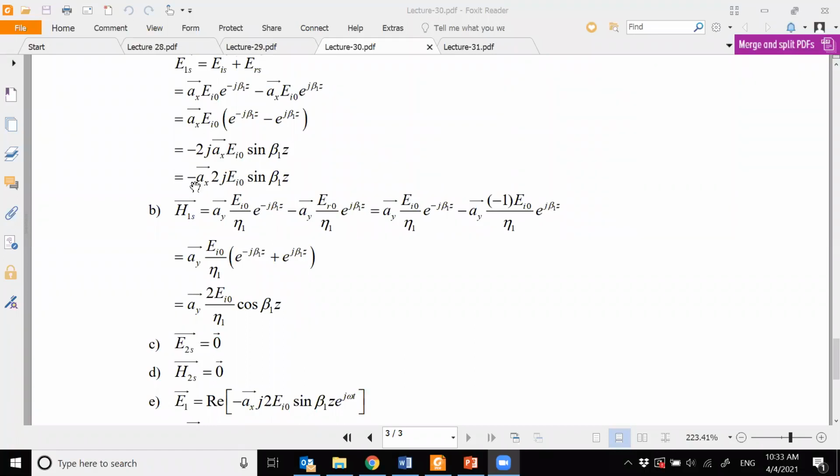Along with the amplitude, there is a sine term in the electric field or a cos term in the magnetic field. That means my electric field and magnetic field are 90 degrees out of phase, and they are a function of Z.